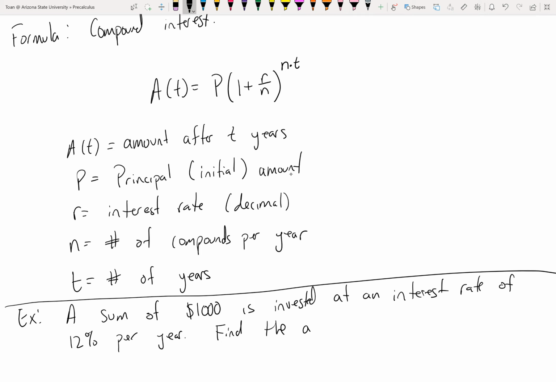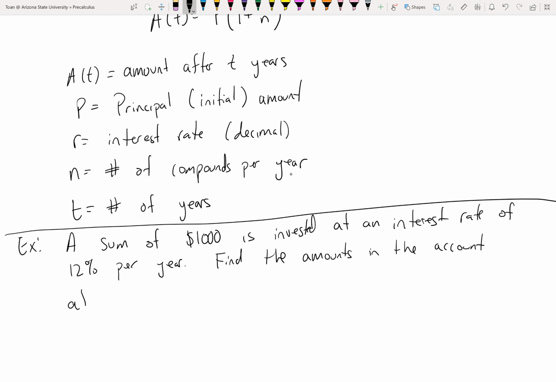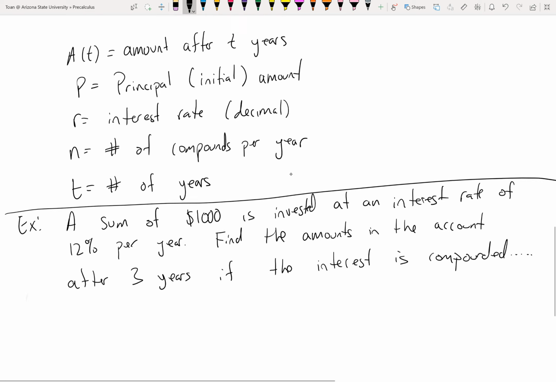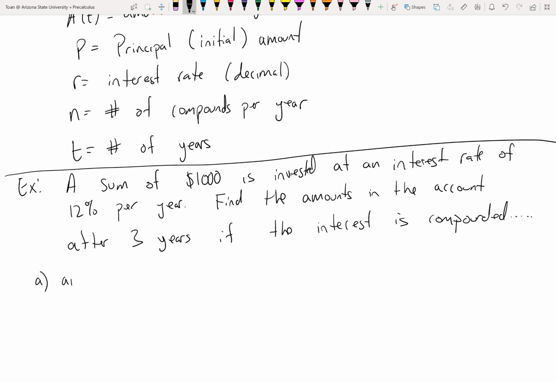Find the amounts in the account after 3 years if the interest is compounded, and this looks like a multi-part problem, compounded annually, quarterly, or daily.